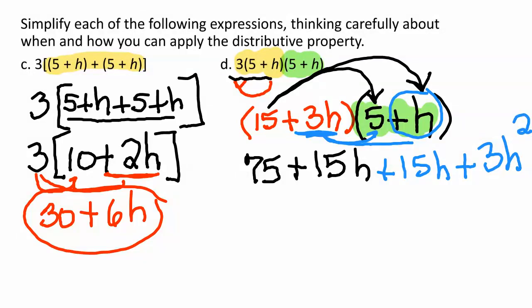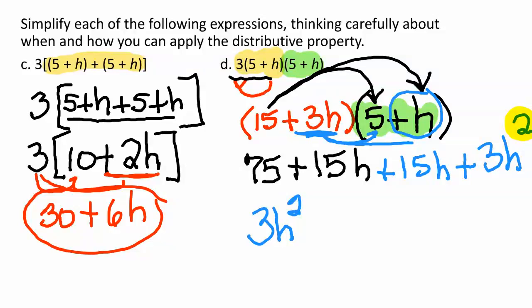Now remember, we have a power of 2 right here. We have to write this answer in descending order, which means for this polynomial, I would write 3h squared.